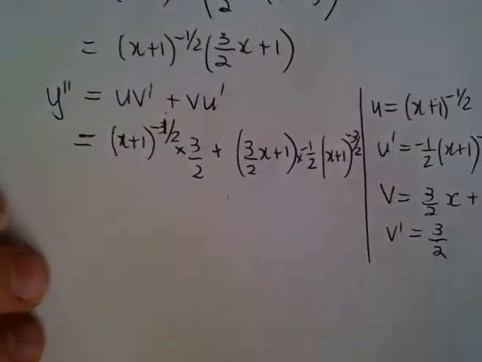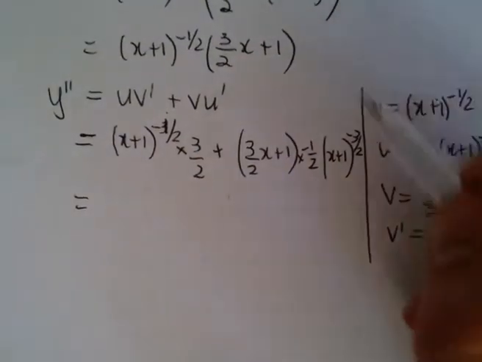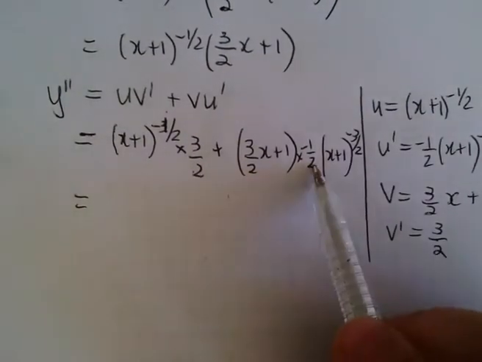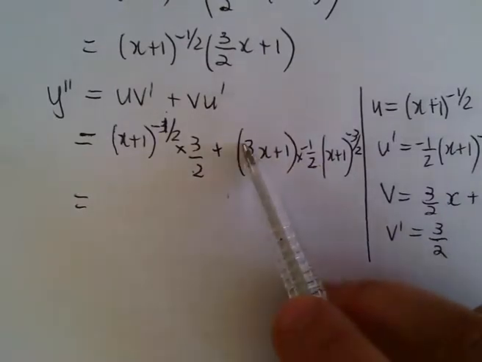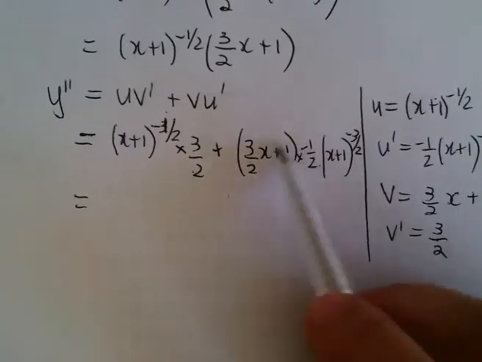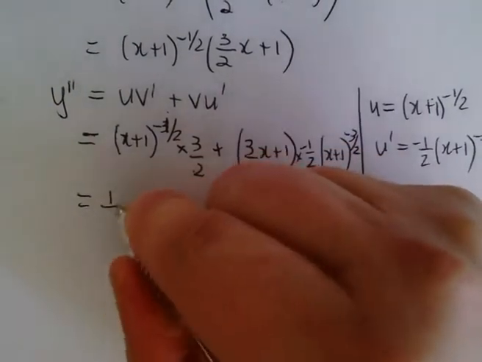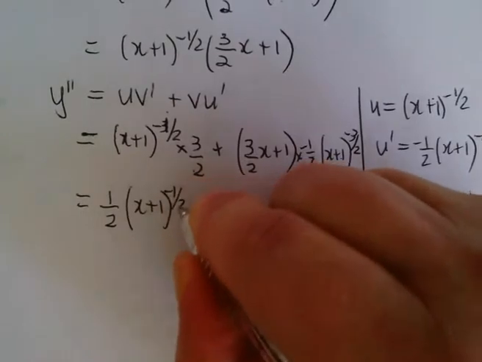Now, so we've got the common factor, the only common factor that I can see would be the 2 on the denominator here, unless you want to multiply through there. Oh no, you can't pull out, that's that times negative a half. I would probably just pull out a half, and I would pull out (x plus 1) to the negative a half.